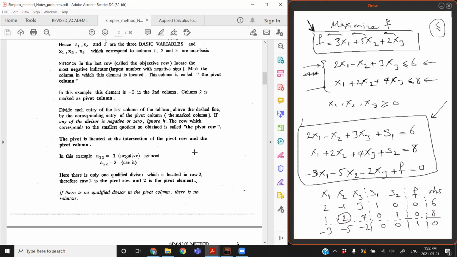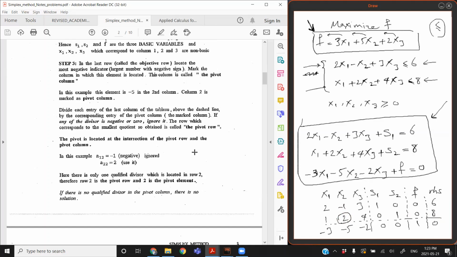You pick the one that gives you the smallest quotient. 4 is smaller than 6, so I would pick this one, even if this was a positive one. But in this case, there is no testing like that because we only have one candidate, one positive number here. Make sense? Yeah. Okay, good.